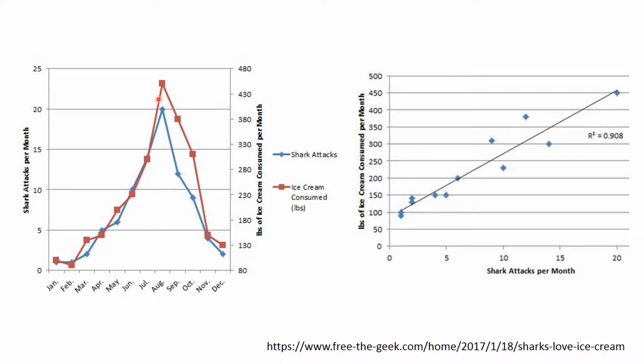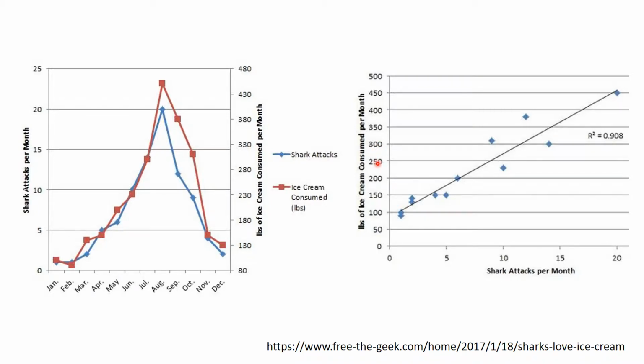But you might expect there to be a covariance of the data. They go up at the same time, they come down. So if you plot shark attacks against ice cream, it's either that sharks like the taste of people that are full of ice cream and eat them, or that after having a near miss shark attack, people go and eat a lot of ice cream to console themselves.